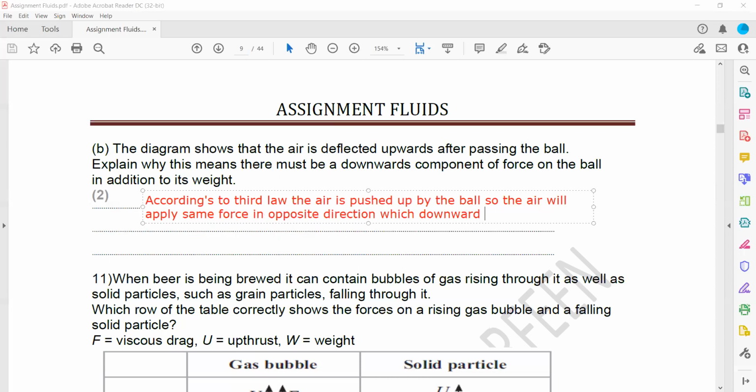As the air particles are moving up, there will be a downward force from the air particles onto the ball, and that will increase the total downward force. So force by the ball on air is upward, that's one mark, and the second one is force by the air on the ball is in the opposite direction, or downward. That's why the ball will have a greater downward component.